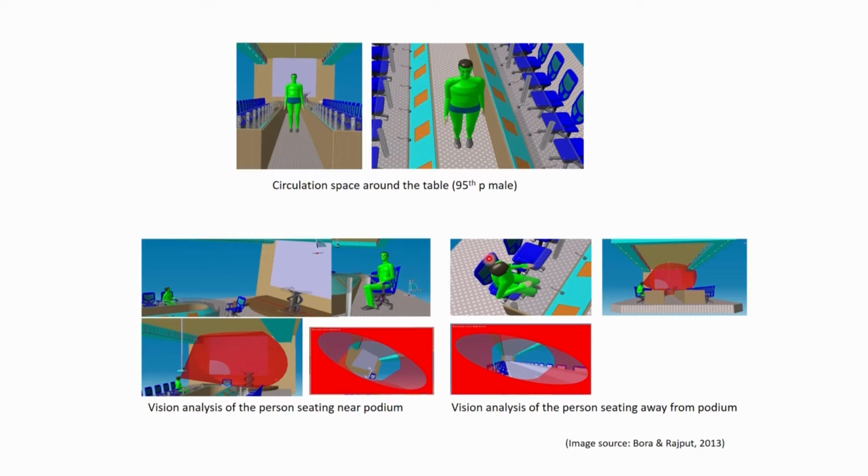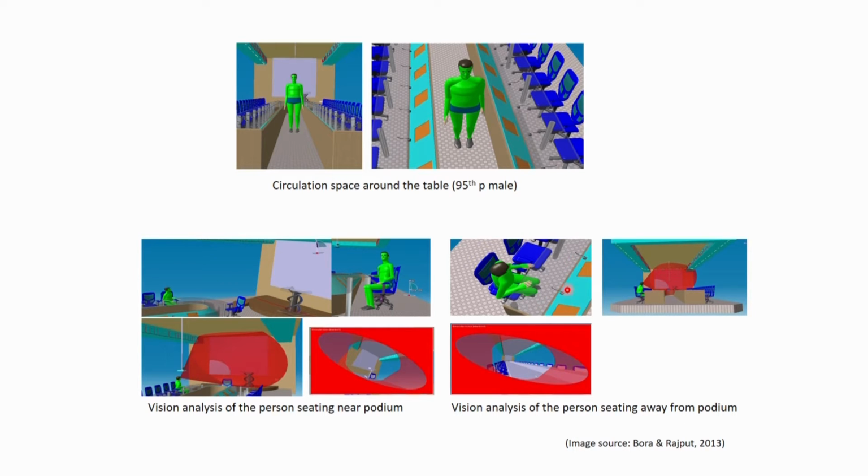Similarly, the person who is sitting away from the podium at the end of the room can also visualize with the binocular field of view, and this is the eye view window. Within the 30-degree view cone, he can easily visualize the board. But for this purpose, neck movement and also posture, you can see he has to rotate a little bit.